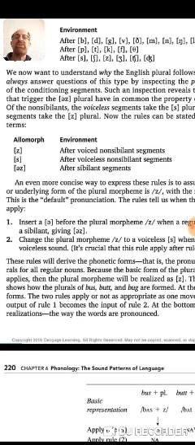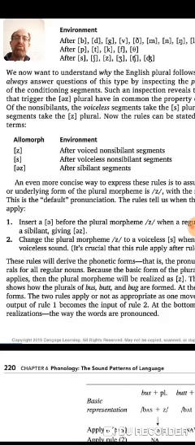Why? T is voiceless, s is voiceless. Now, when it comes to bag or dog, g is voiced, so we add z, which is again voiced.